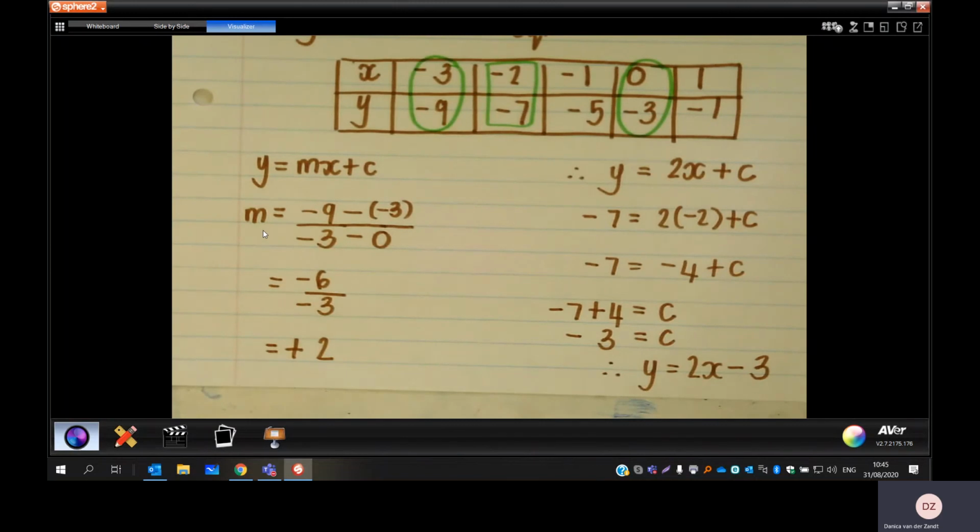And we could have done it again, and I did have more time with the other class, and we did do it again where we chose different points, and we still got to exactly the same equation. So what I want you to do this afternoon, take 2 minutes, choose a different set of values and confirm that you get the same equation. So you can start now if you're ready with writing while we wait for those announcements. So take another set of values and try and find the same equation.